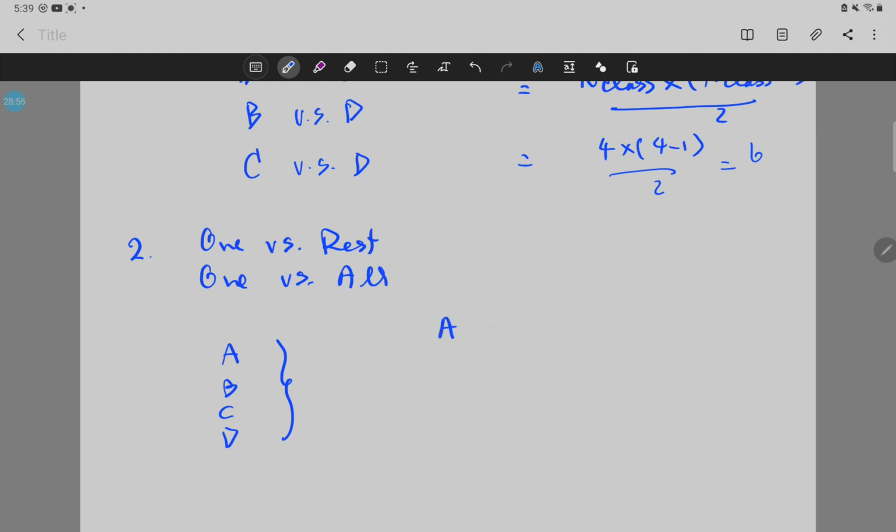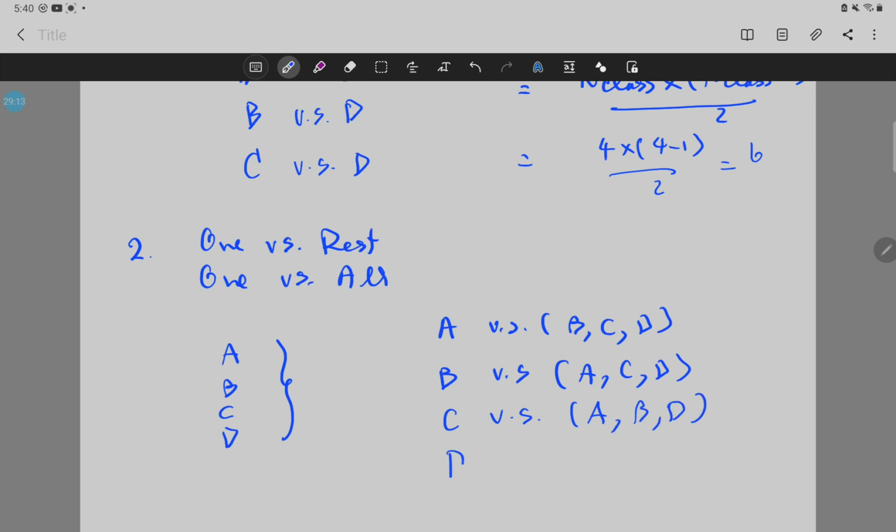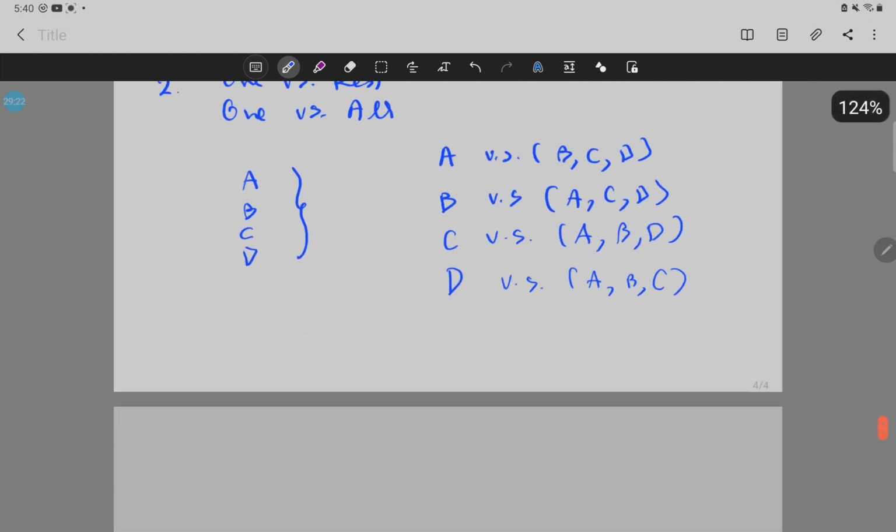We first build A versus the rest, which is B, C, D. Then we build another one, which is B versus A, C, D, C versus A, B, D, and lastly D versus A, B, C. So here we only have 4 models. The number of models that we build is just the number of classes.